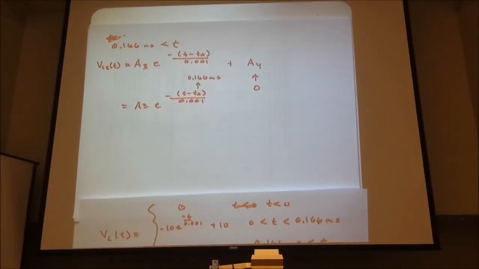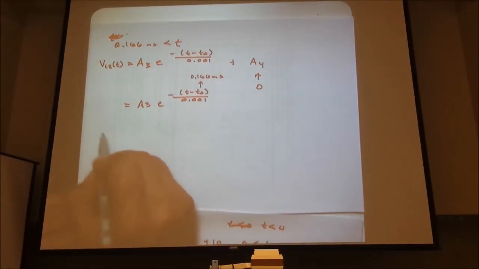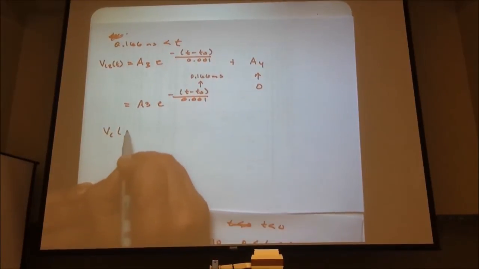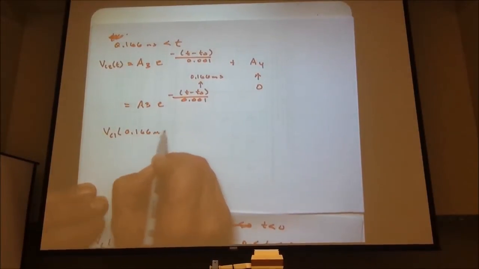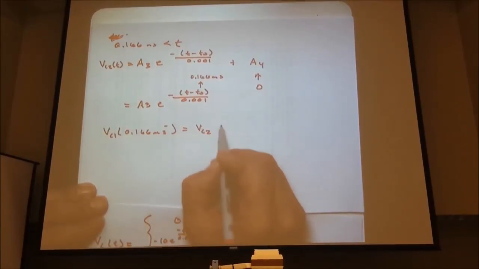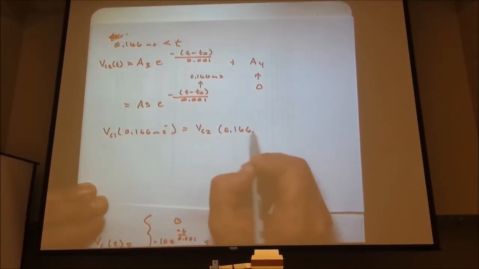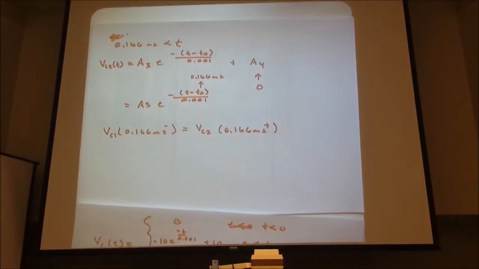Continuity. We said it already. VC1 at 0.166 milliseconds minus equals VC2 at 0.166 milliseconds plus. So just before 1/6 of a millisecond and just after, continuity must hold.